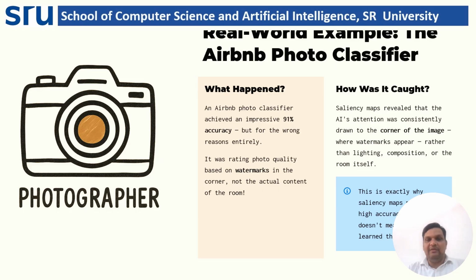It was rating photo quality based on a watermark in the corner, not the actual content of the room. How was it caught? A saliency map revealed that the AI's attention was consistently drawn to the corner of the image where the watermark appeared, rather than lighting, composition or the room itself.